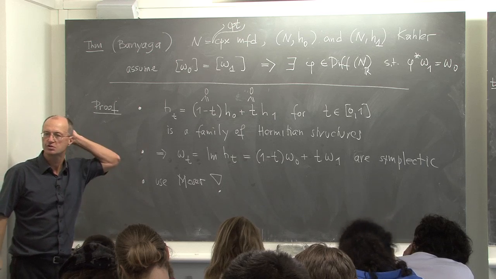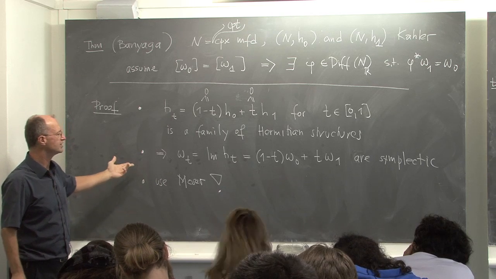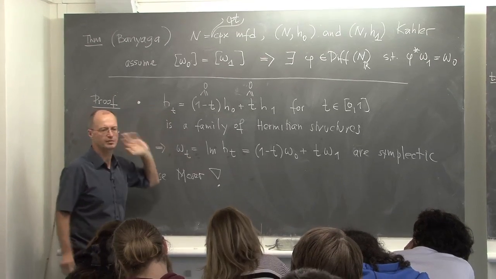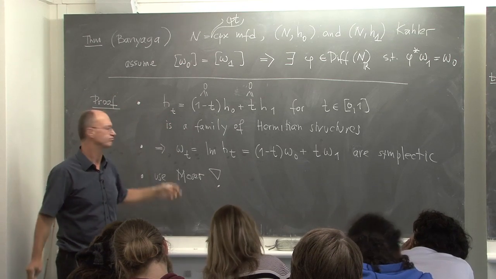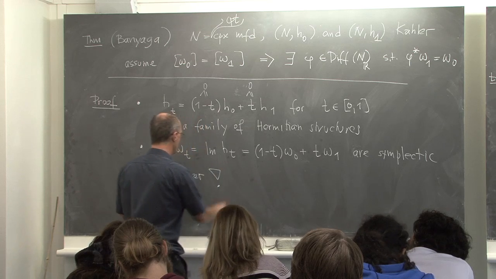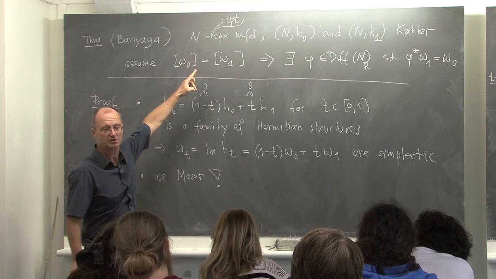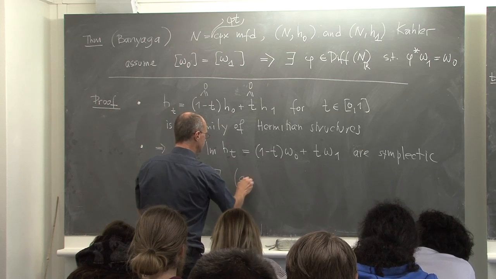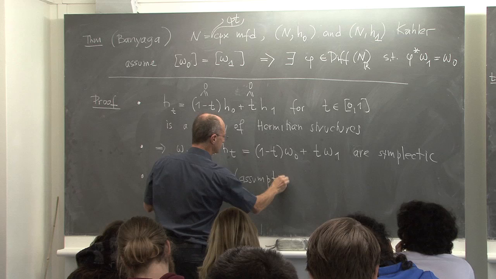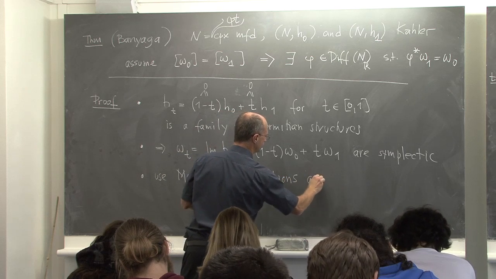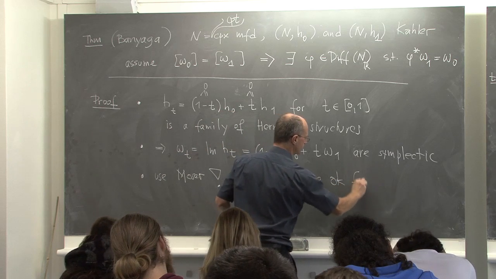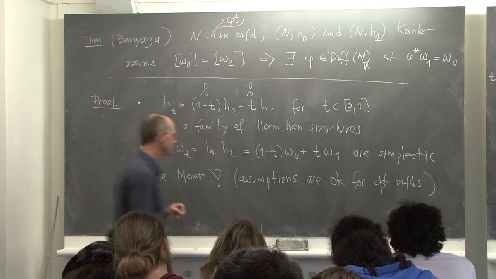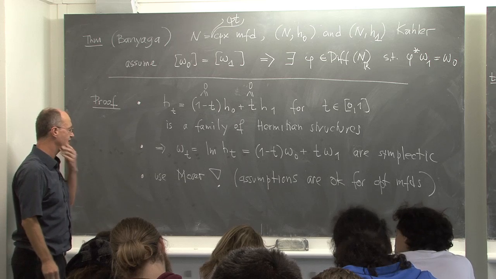Now we simply use Moser. So what were the assumptions for Moser? The existence of alpha t for compact manifolds, right? That's no problem. You just take any reasonable homotopy. Now the integration assumption is okay if the manifold is compact. So the assumptions are verified for compact manifolds.